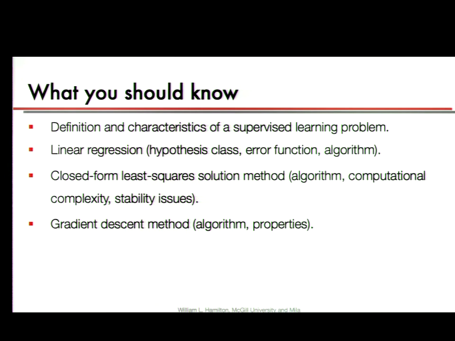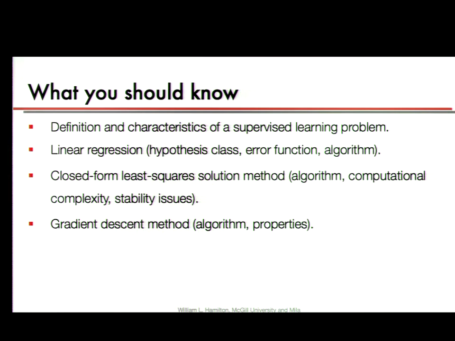For anybody who's taken a numerical computation course, you might be aware that matrix inversions can be pretty numerically unstable if you do them naively. Building off of this, we talked about the gradient descent method. This is a general technique where we compute the gradient or the derivative, and then we take steps that allow us to descend to the minimum point of our loss function. A very fundamental concept. These are all things that you should take away from this lecture.